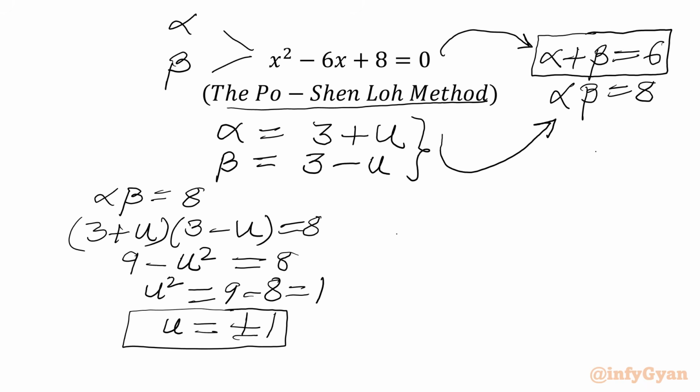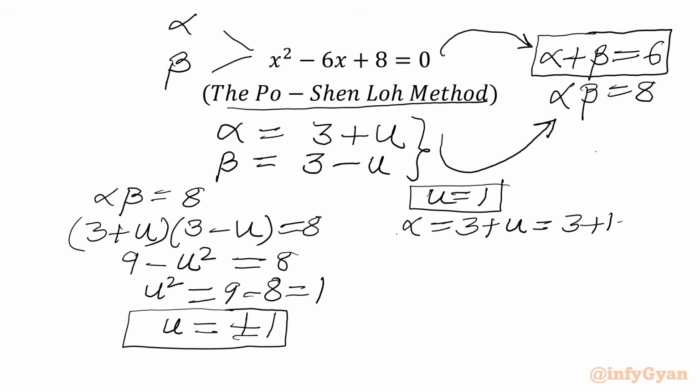So if I write here for u equal to plus 1, alpha will be 3 plus u. So we will write 3 plus 1, we will get 4. And beta will be 3 minus u. So 3 minus 1, we will get second root 2.